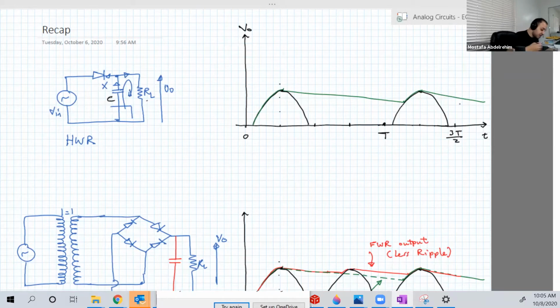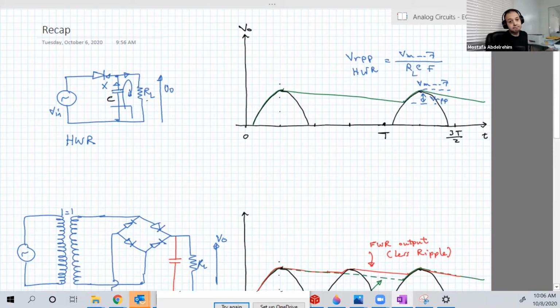And we say that there is some ripple here, and this voltage is called the ripple voltage peak to peak, and in the case of the half-wave rectifier it is equal to Vmax minus 0.7, which is V output maximum, over R C F, or R load in that case, for example. And C is the capacitance of the capacitor, and F is the frequency of the input, which is 1 over T.